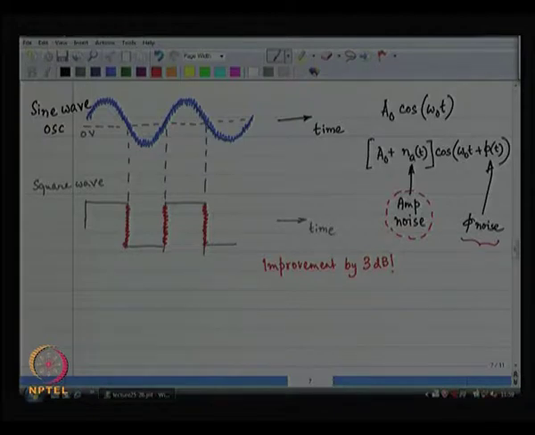So, where the 0 crossing is, right, that determines the phase noise. It is not at the perfect place, it is a little bit off from the perfect 0 crossing. So, phase noise, as far as digital designers are concerned, they call it jitter.